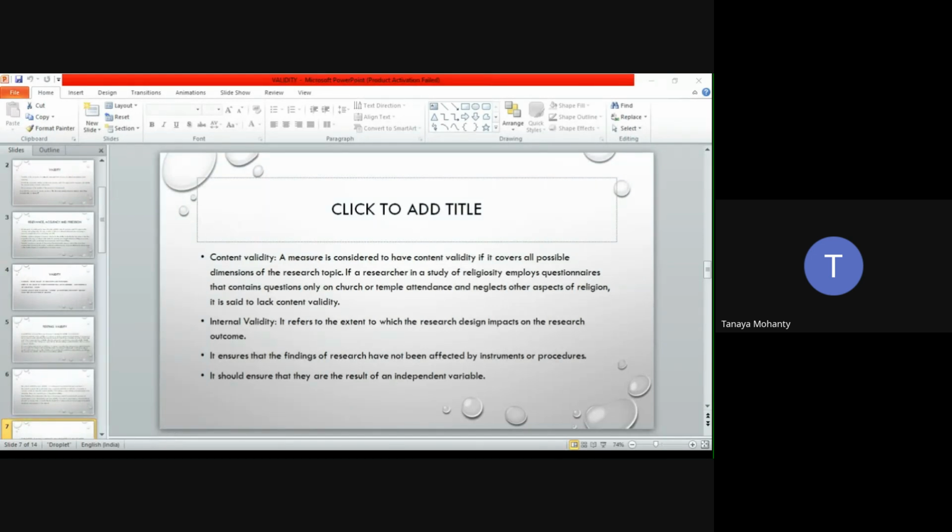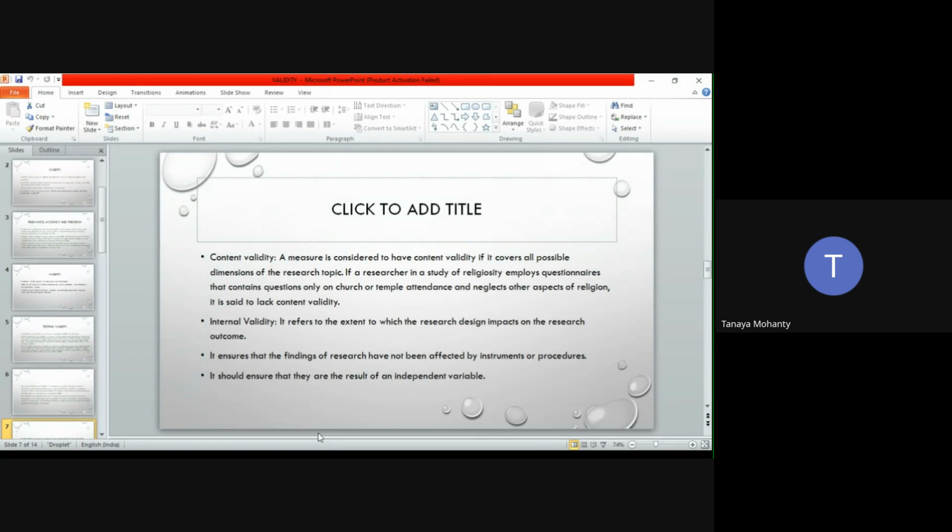So, when I'm talking about internal validity, I should ensure that the results that I have got are just a result of that independent variable that I am measuring in the process of research.